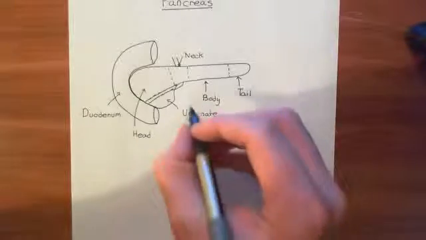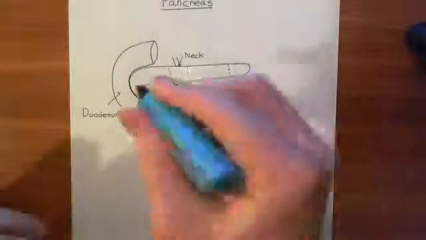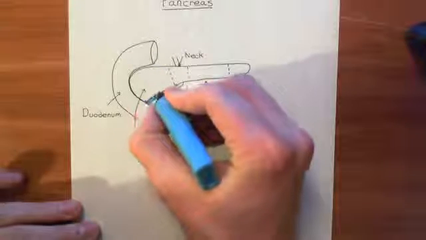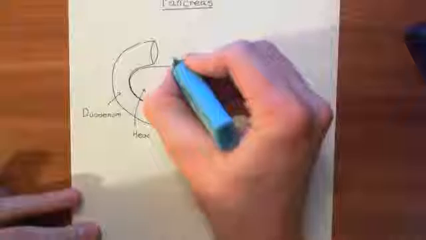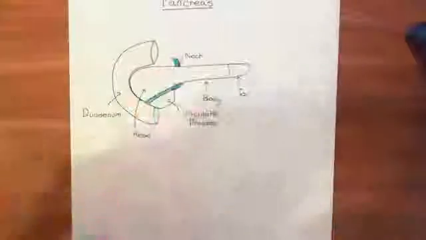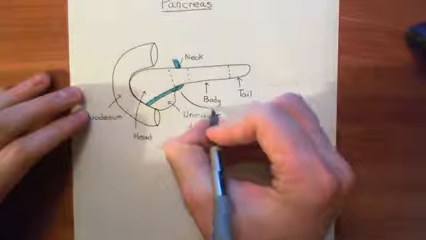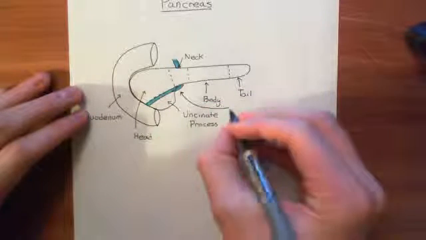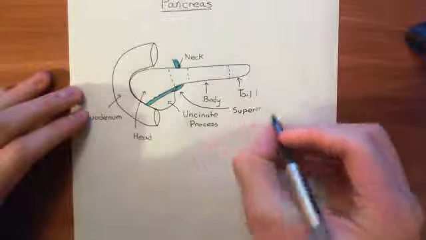Okay, so what is this vein here? And I'm going to colour it in blue to exaggerate the fact that it is a vein. Okay, well basically this is the superior mesenteric vein, often abbreviated to SMV for short. So this is the superior mesenteric vein, and it's one of the key components of the hepatic portal vein.